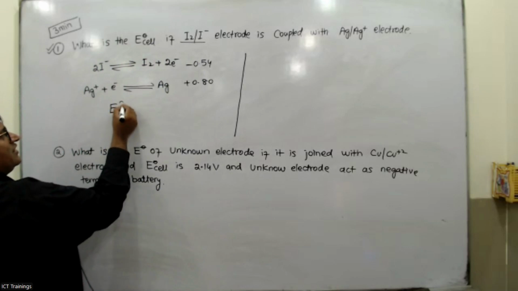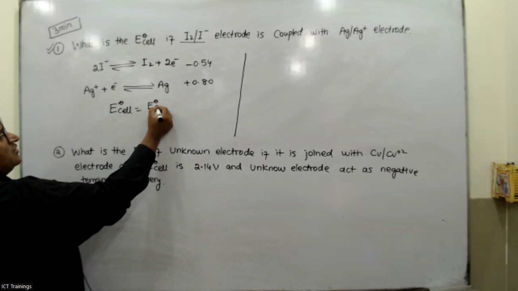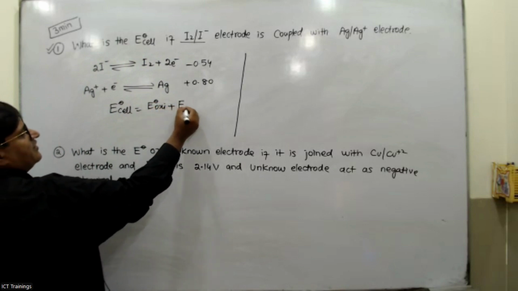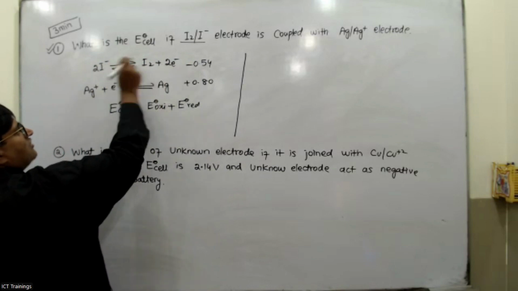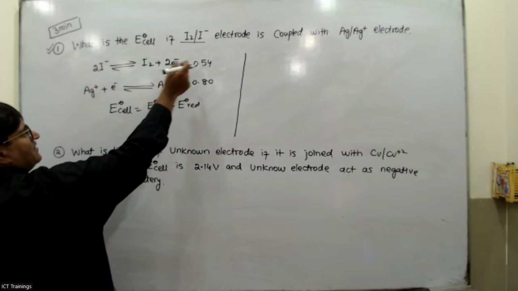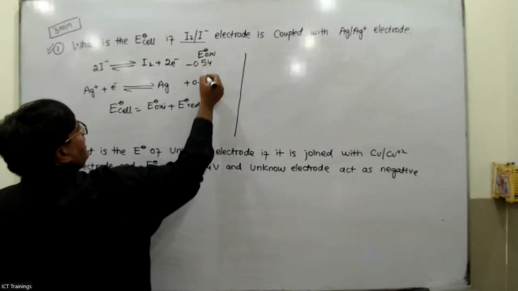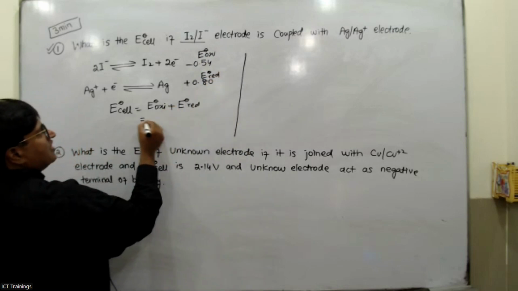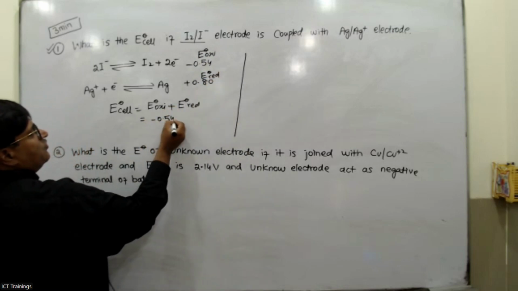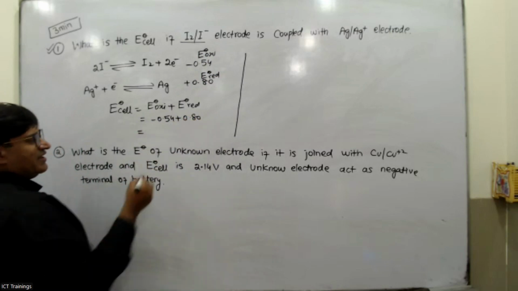Now you should do E naught of cell, that is equal to E naught of oxidation plus E naught of reduction. If you look up here, this one is oxidation because loss of electrons is taking place here. So this is the E naught of oxidation, and this is the E naught of reduction. Now put the values up here, negative 0.54 plus 0.80. If you solve it, what will you get?